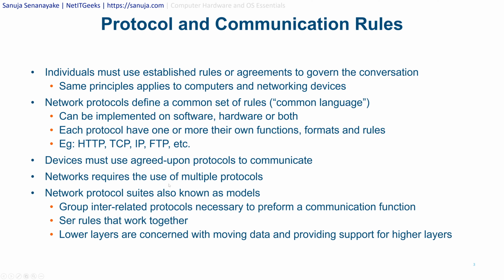For example, your Windows computer, if it has an internet connection, is most likely using the TCP/IP protocol. But when you access Sanuja.com using that TCP/IP connection, it will be using the HTTPS protocol to deliver that web page through your TCP/IP connection. Therefore, networks require the use of multiple protocols to communicate.